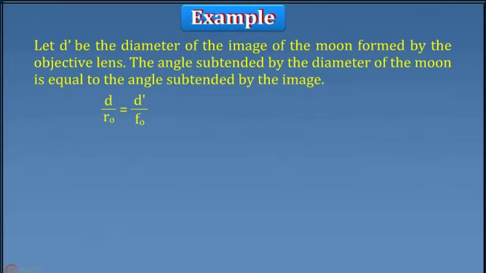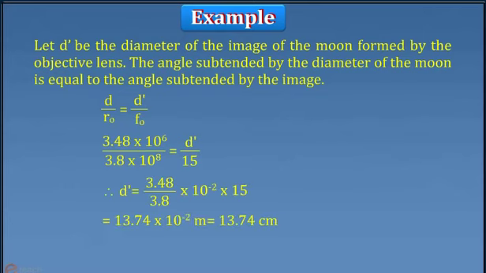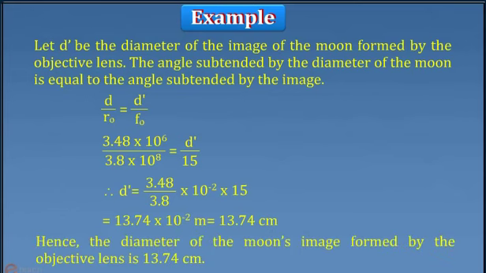We have d by r0 is equal to d prime by f0. On substituting the values, we have 3.48 into 10 to the power 6 divided by 3.8 into 10 to the power 8 is equal to d prime by 15. Therefore, d prime equals 13.74 centimeters. Hence, the diameter of the moon's image formed by the objective lens is 13.74 centimeters.